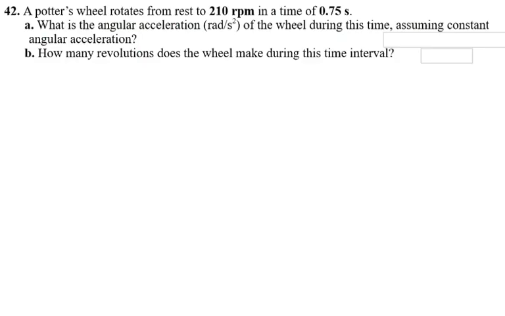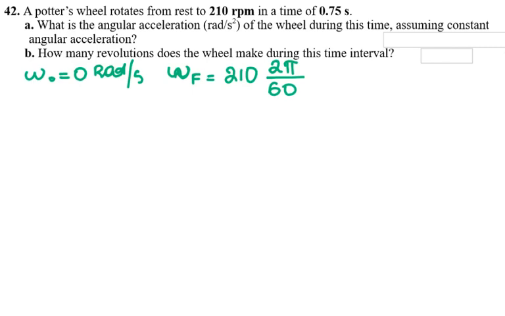Here's another question. A potter's wheel rotates from rest to 210 revolutions per minute in a time of 0.75 seconds. So initial angular velocity is equal to 0 radians per second, and the final angular velocity is equal to 210 revolutions, so it makes 210 angles of 2 pi over 60 seconds.